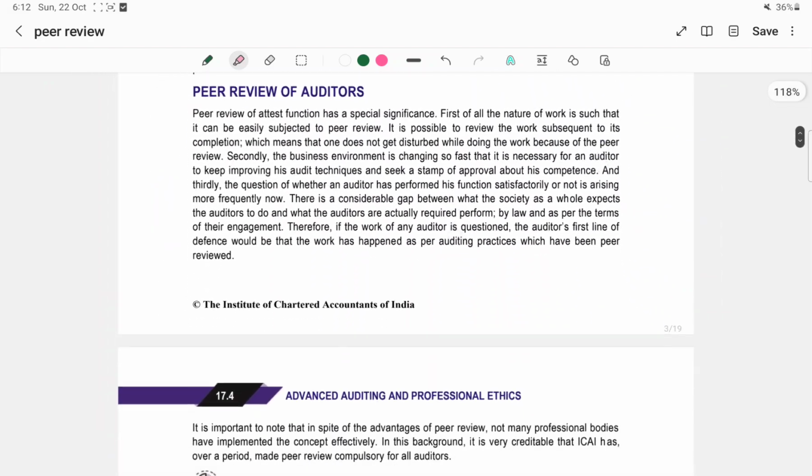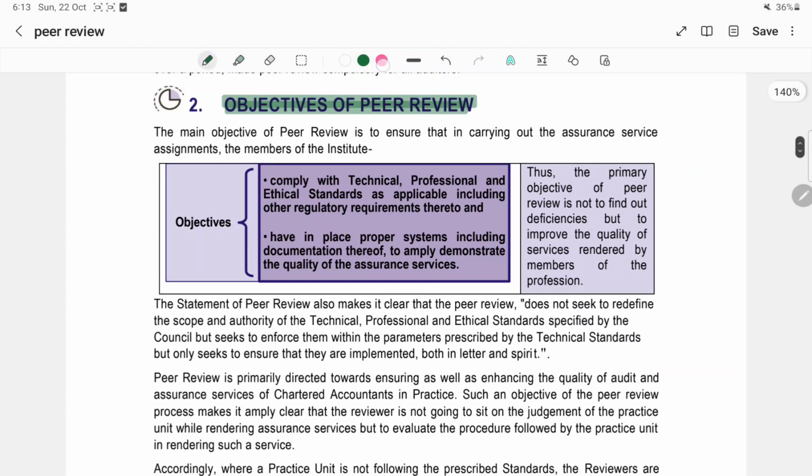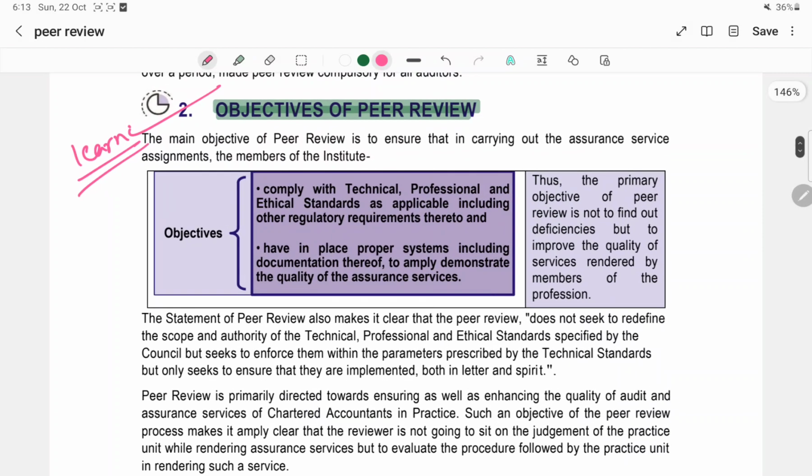Now we come to the objectives of peer review. This you also have to learn. The objectives are very easy, only two points are given, and they are small points. You have to first comply with TPS. Right now we saw that these three words will come again and again: technical, professional and ethical standards.